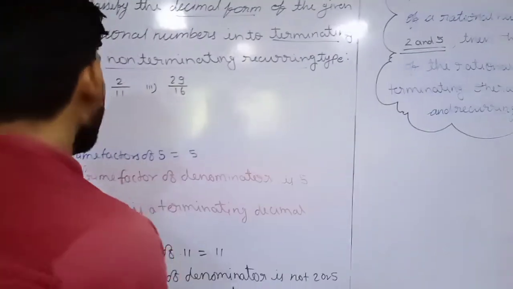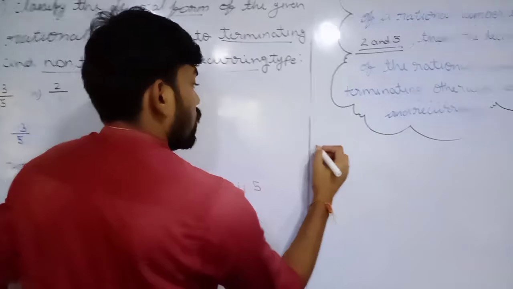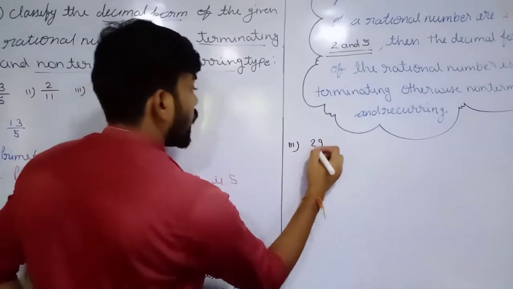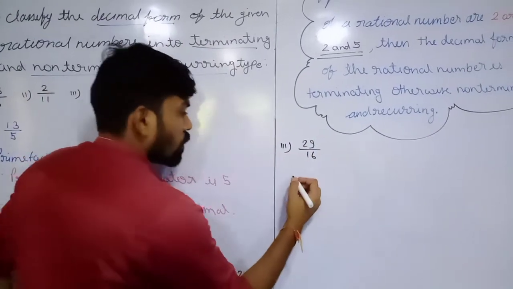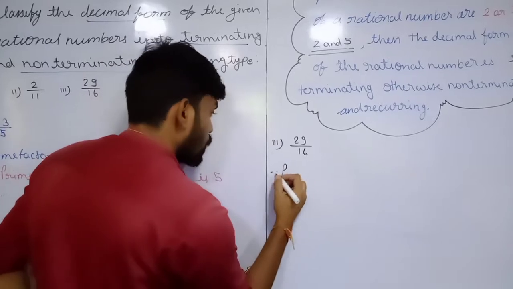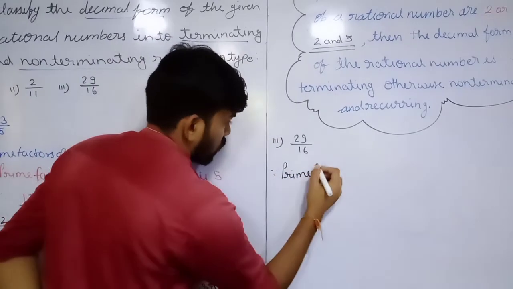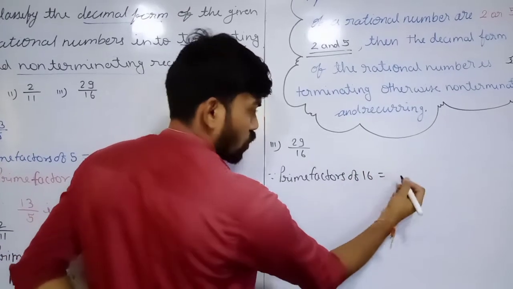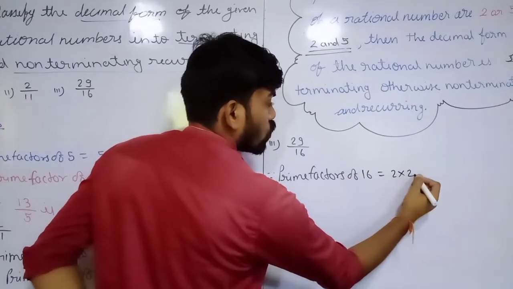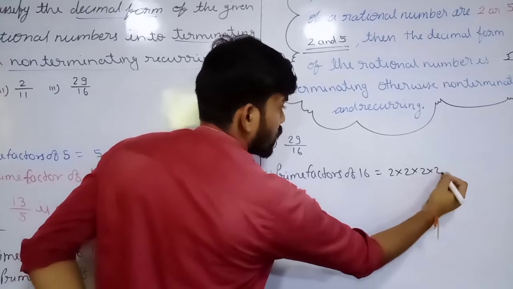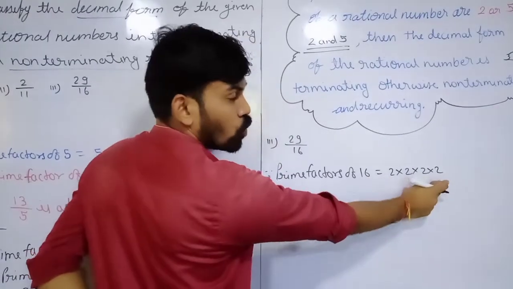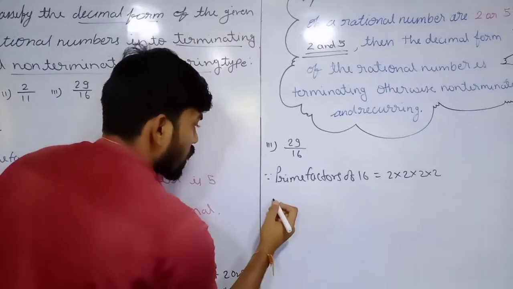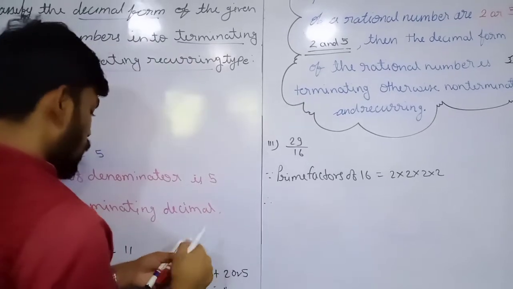One more we have, 29 upon 16. Because prime factors of 16 is equal to 2 times 2 is 4, times 2 is 8, times 2 is 16. We have all 2s as prime factors. Therefore, what we have to write?